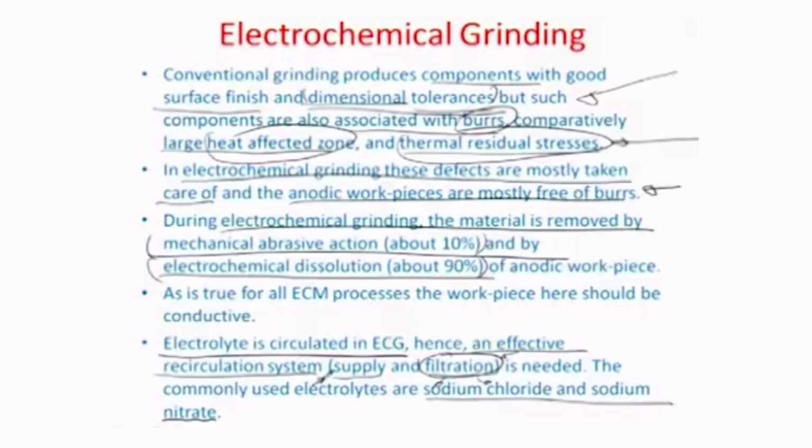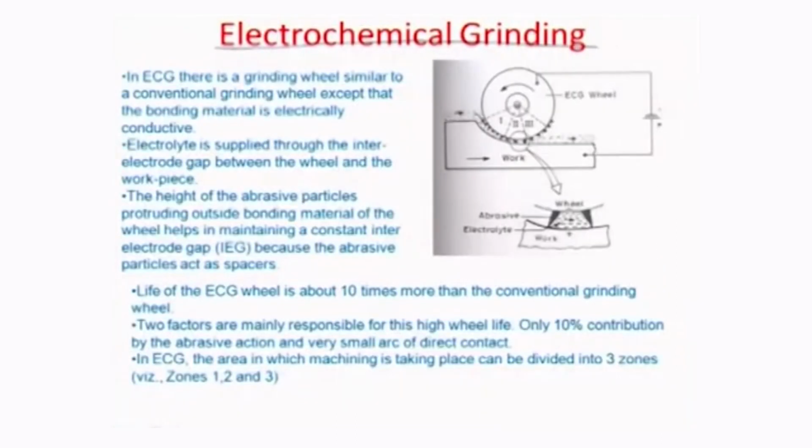So if we look at the basic process mechanics in an electrochemical grinding operation, it is represented in the schematic here. You have a grinding wheel, which is almost similar to a conventional grinding system, and here, as I already illustrated, the bonding material is not any epoxy or any non-conducting system.